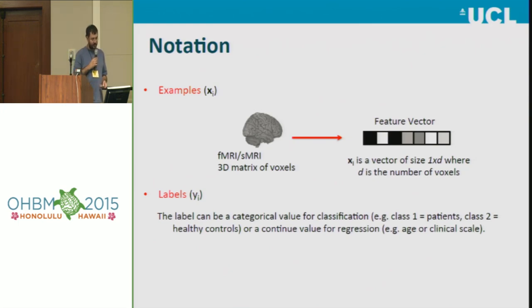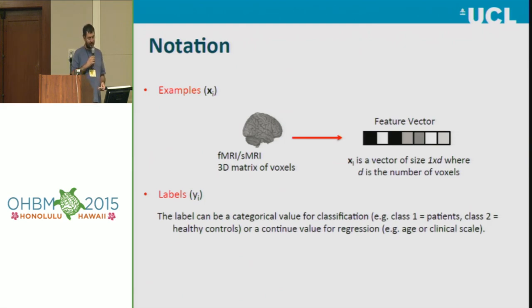So just to introduce the notation, we have our set of examples xi. So these are going to correspond to the feature vectors from our set of subjects. So it'll be like x1, x2, up to xn, where n is the number of subjects. So we extract feature vectors for all of these examples, and these feature vectors will be of size 1 by d, where d is the number of voxels in either the whole brain or a region of interest, if that's what we're interested in.